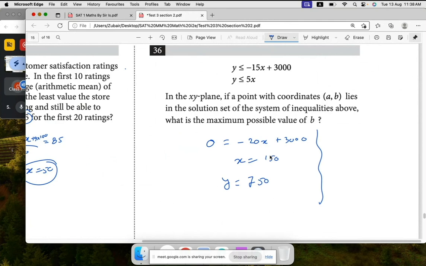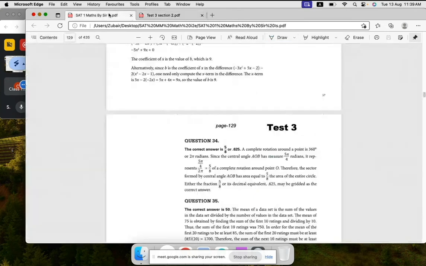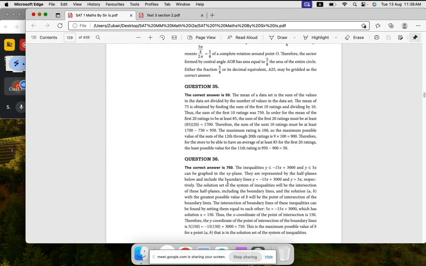So if we just consider 750 in place of y, minus 3000 divided by minus 15, x is 150. So 150, I guess. 750 is the maximum value. Number 36, 750.